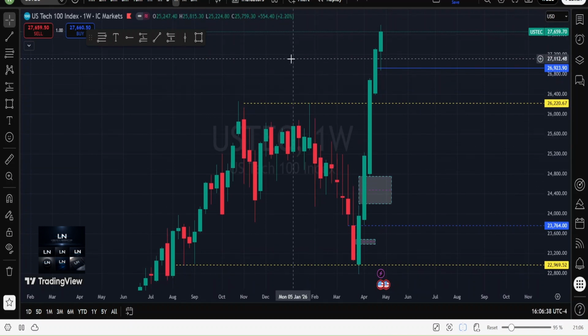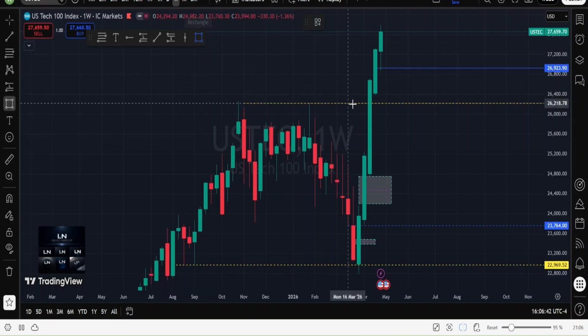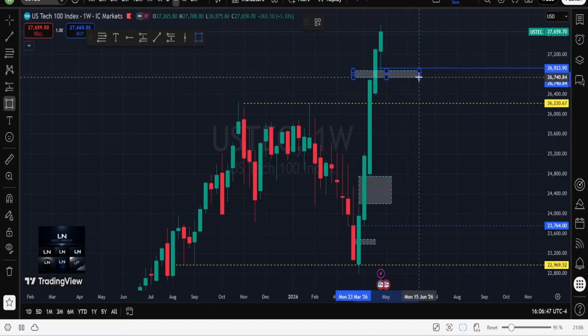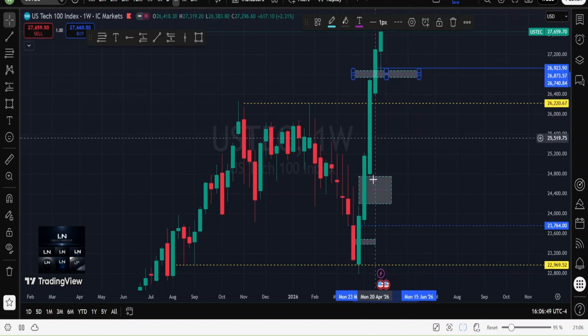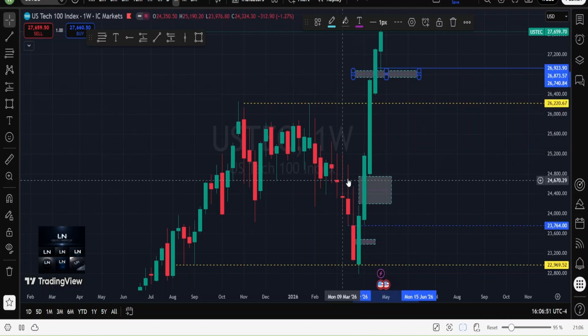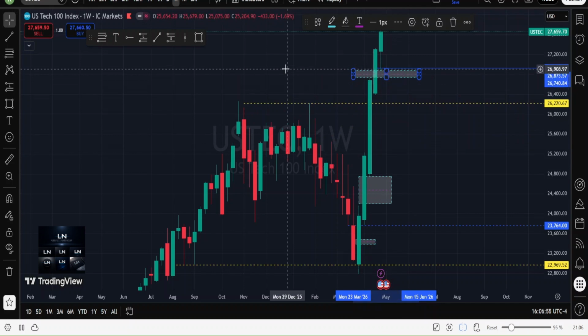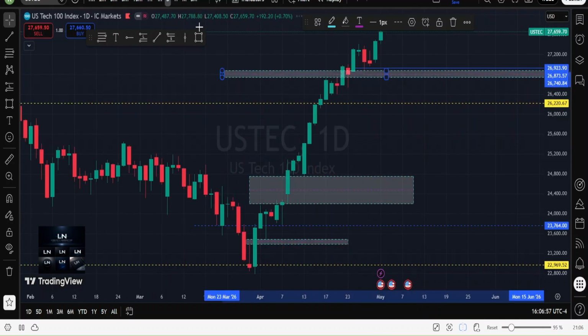If we drop to a lower time frame, first of all, on the weekly time frame, we can see some gaps created as price moves up, and then inefficiency has been created. A lot of inefficiencies. We want to see price returning at least to rebalance a little bit before continuing up.